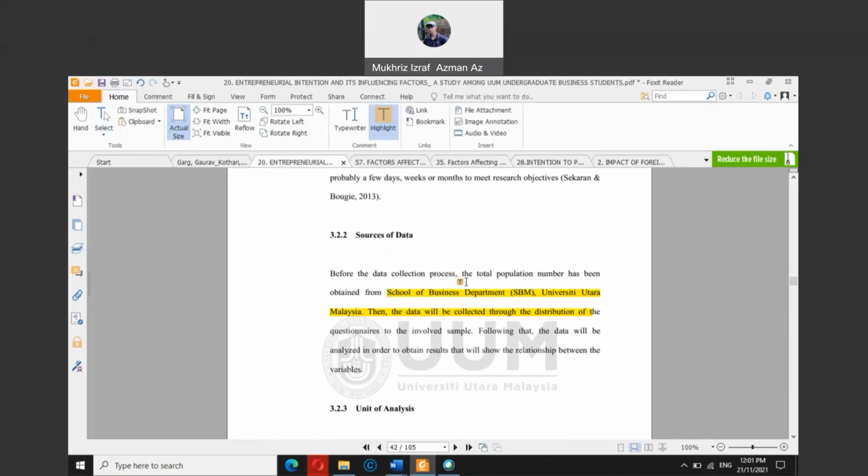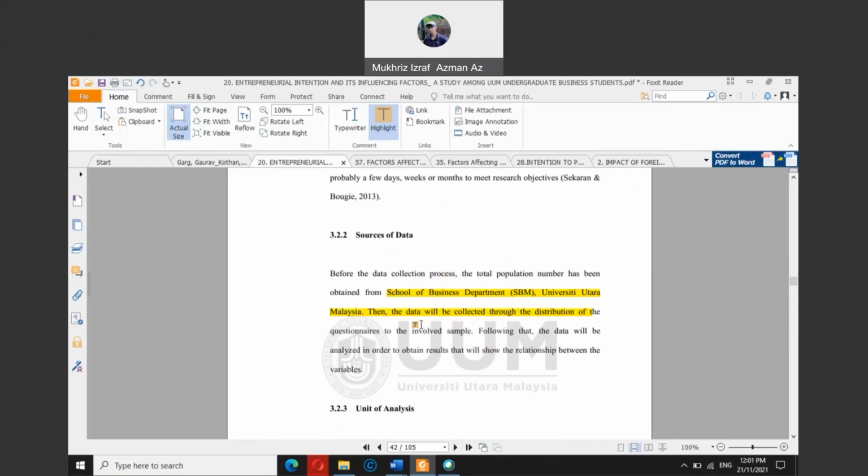Okay, so this must be defined clearly in your project. What is the population? So if you are focusing among SAFB students, just mention here that the population will be from SAFB, UUM. The rest will be quite standard. The data will be collected through questionnaires.